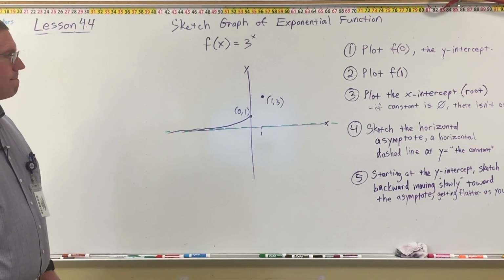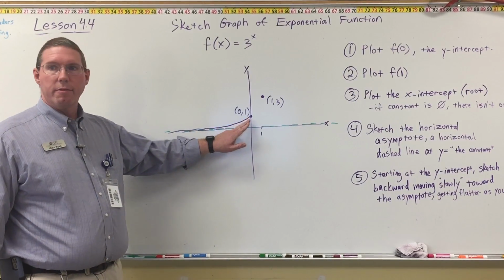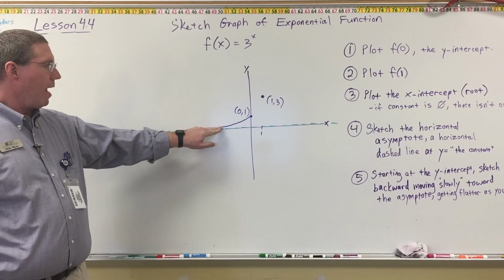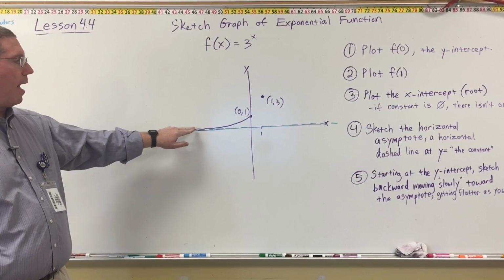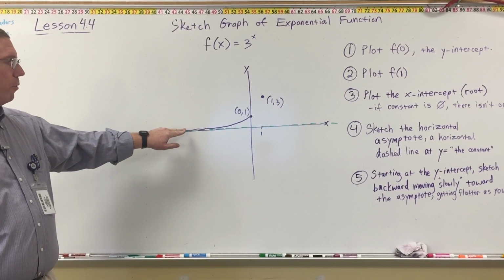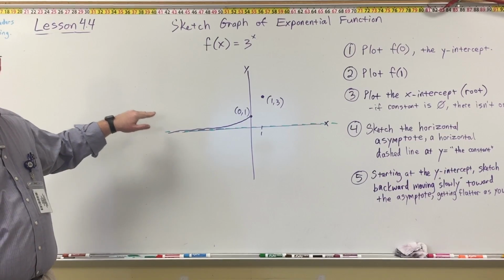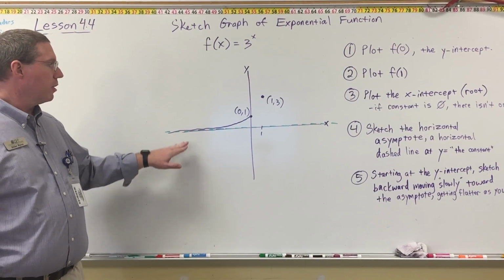And this part of the graph represents the 1 over 2, 1 over 4, 1 over 8, 1 over 16, 1 over 32, 1 over 128, 1 over 256, 1 over 512, 1 over 1,000, 1 over 2,000, 1 over 4,000, 1 over 8,000. It's never actually going to touch 0.